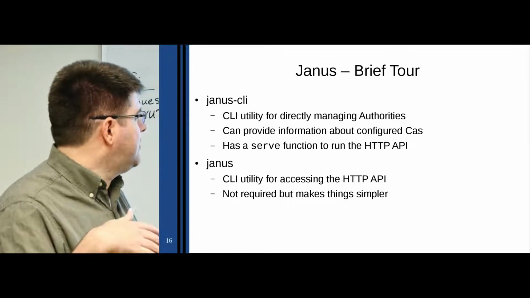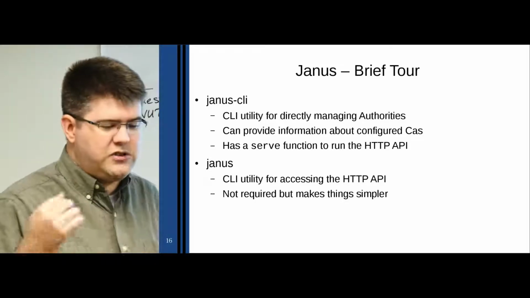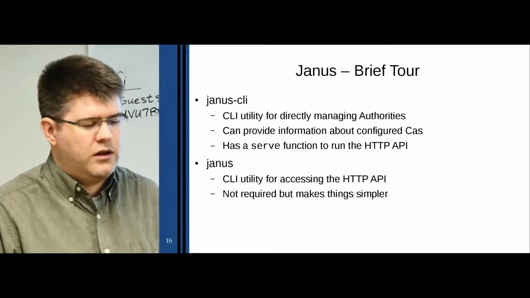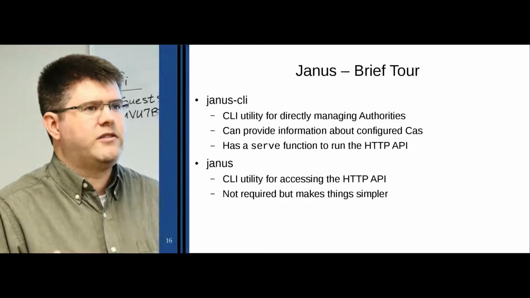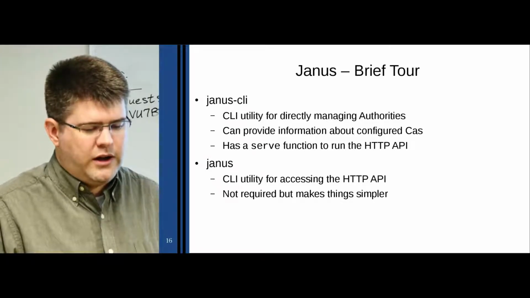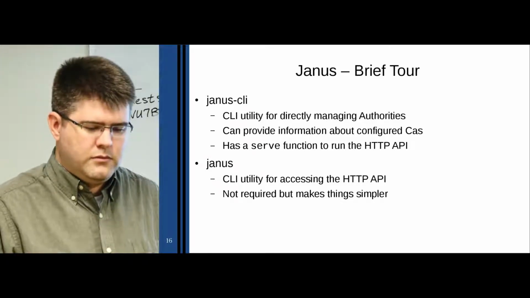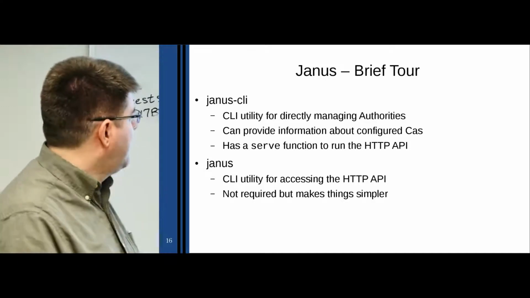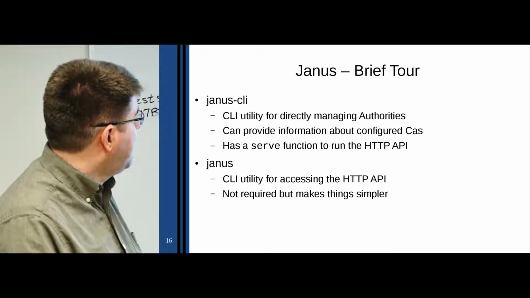There's a couple utilities when you install it. Janus CLI is meant for the local form of it and also for running the web server part. That should be CAs, not CAS.